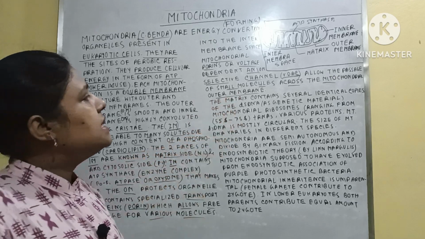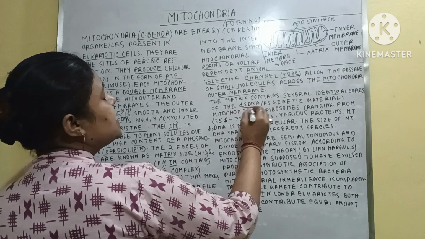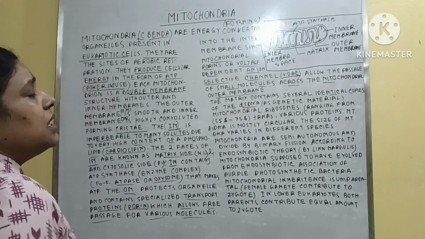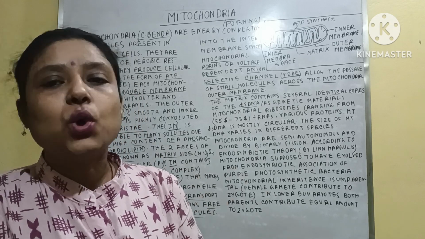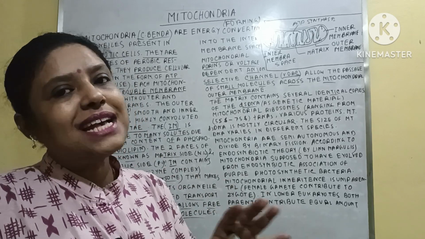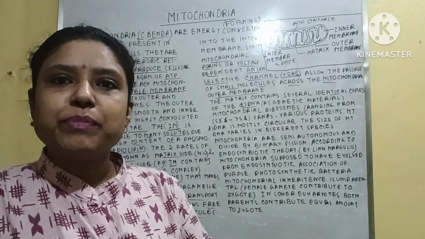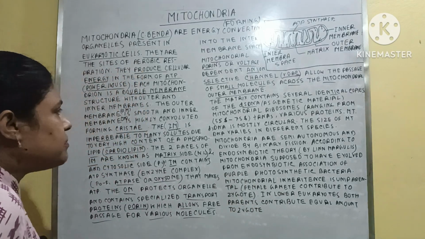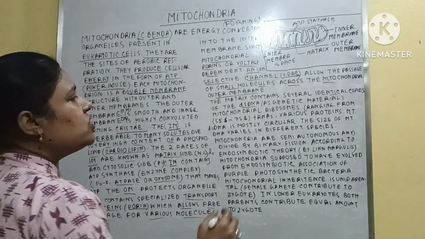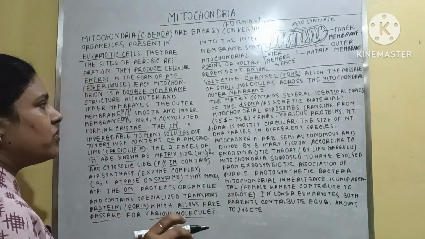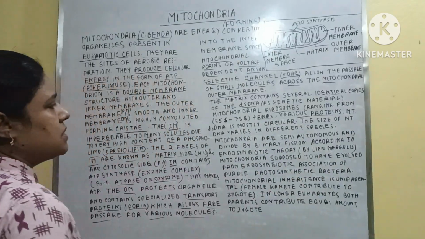And the matrix, this contains several identical copies of what? dsDNA. This is called the mitochondrial DNA. Clear? You all know that mitochondria has its own DNA, and the chloroplast also has its own DNA. It is not similar to the DNA present within the nucleus. Mitochondrial ribosomes are also present within the mitochondria, and tRNA and various proteins are present.